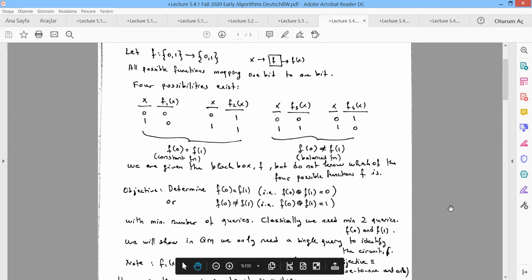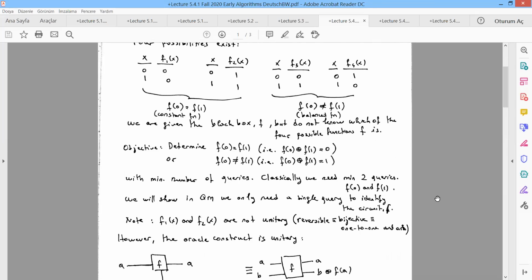Classically, it's easy to see that we need a minimum of 2 queries. We need to compute f of 0 and f of 1 in order to definitively know whether it's in this class or in this class. So the minimum number of queries that we need is 2: f of 0 is 1 query, and f of 1 is another query.